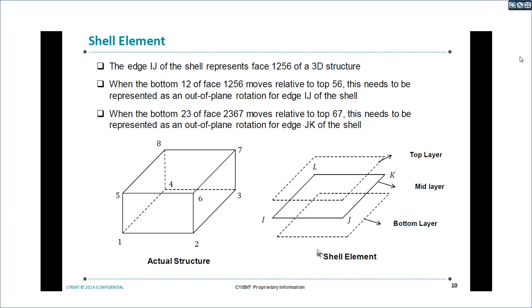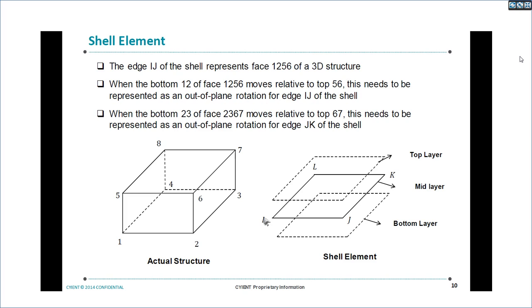Coming to understanding more about shell element, if you see that edge ij, this bold area represents the shell element. So edge ij represents face 1, 2, 5, 6. This face is represented by ij. Similarly, jk is represented by 2, 3, 6, 7.